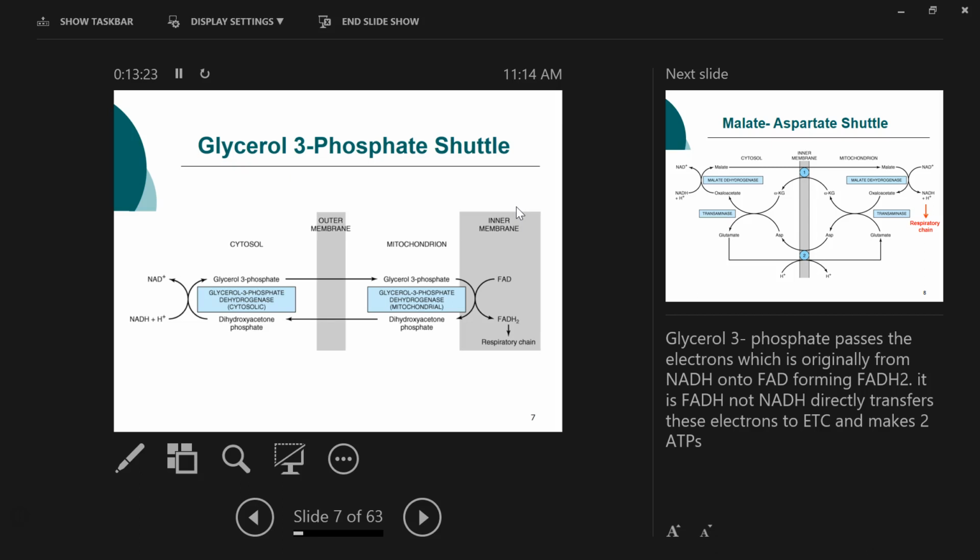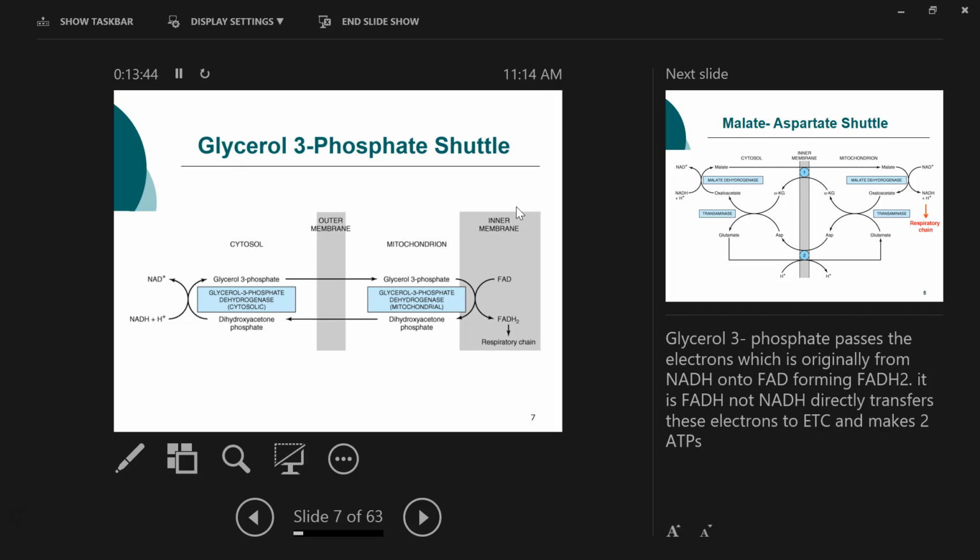And this glycerol phosphate carries the protons from NADH. Glycerol 3-phosphate is permeable to the outer mitochondrial membrane, so it can easily pass through the outer membrane and enter the intermembrane space.